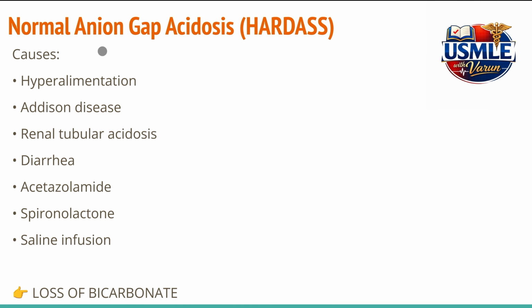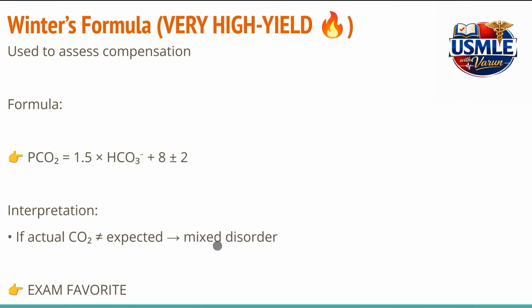The causes of normal anion gap metabolic acidosis can be memorized using the mnemonic HARDASS. H stands for hyperalimentation, A stands for Addison's disease, R stands for renal tubular acidosis, D for diarrhea, A for acetazolamide, S for spironolactone, and the other S is for saline infusion.